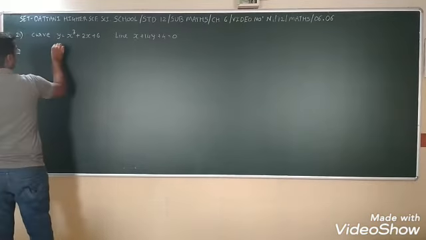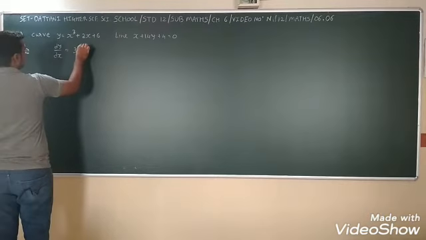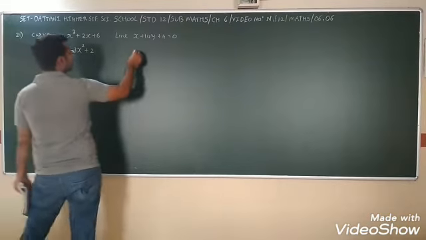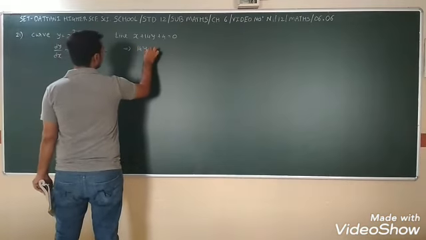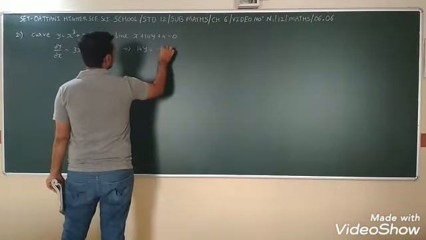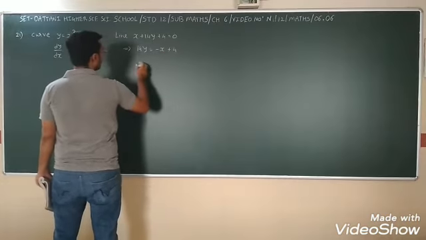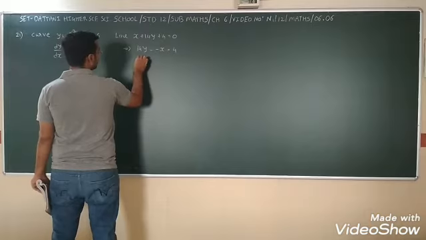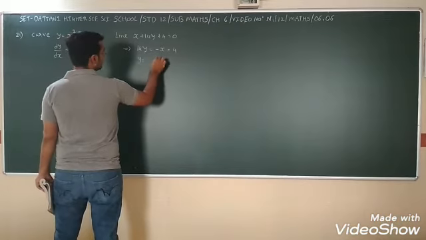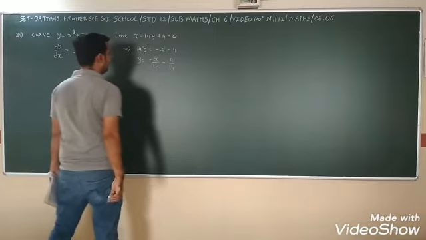First of all, take the derivative, so you get 3x square plus 2. And here you have to convert the line into y form. So 14y is equal to minus x minus 4, and y is equal to minus x by 14 minus 4 by 14.